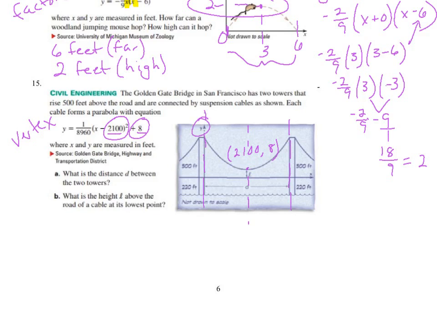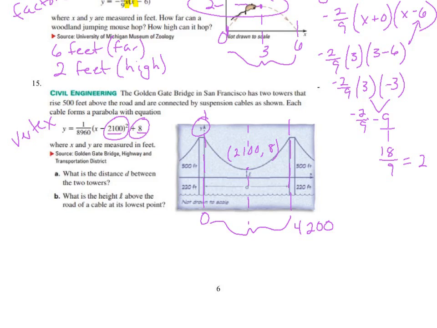So this is at 0, and I want to find that whole length. If the middle is at 2,100, that means over here it is at 4,200. You just double it, because again, the vertex is in the middle. You take that x value and double it to find your whole length along the x-axis.